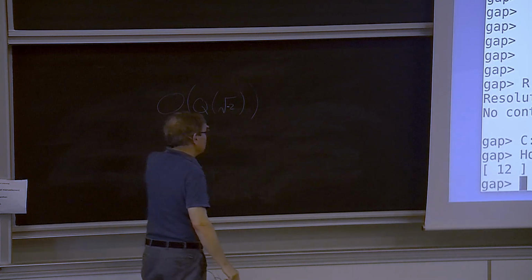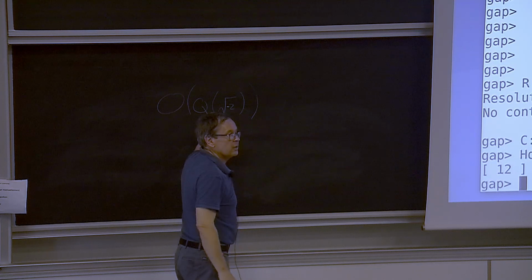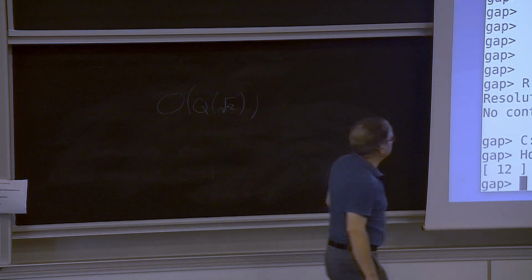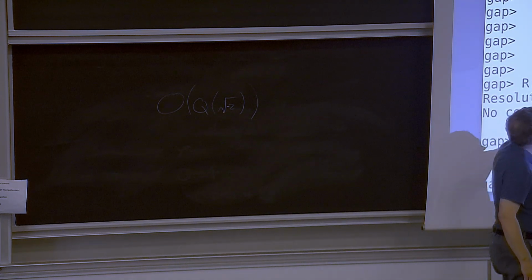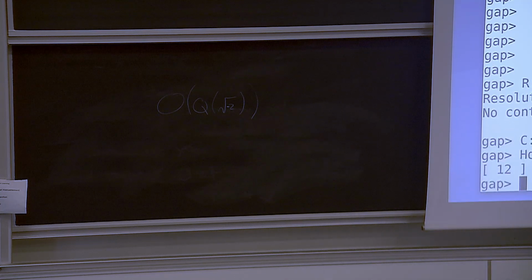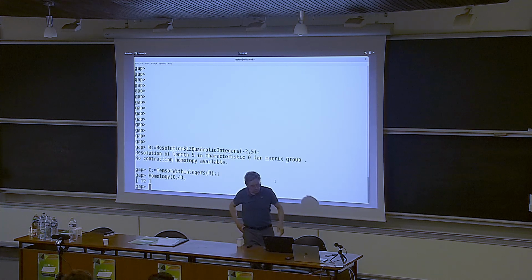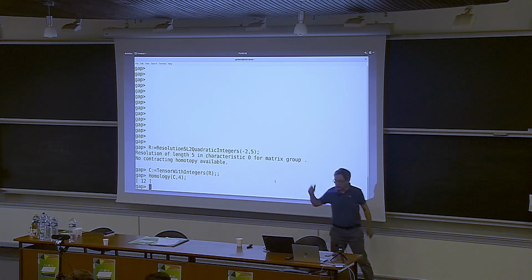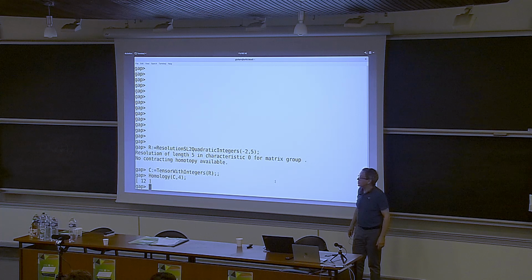So instead of Z, I've taken a slightly more complicated ring of integers, but I've made things easier in that I'm doing SL2, 2 by 2 matrices. And so what you have here, the resolution for that group, it's the same idea. So the homology is whatever it is; in degree 4, it's Z mod 12.